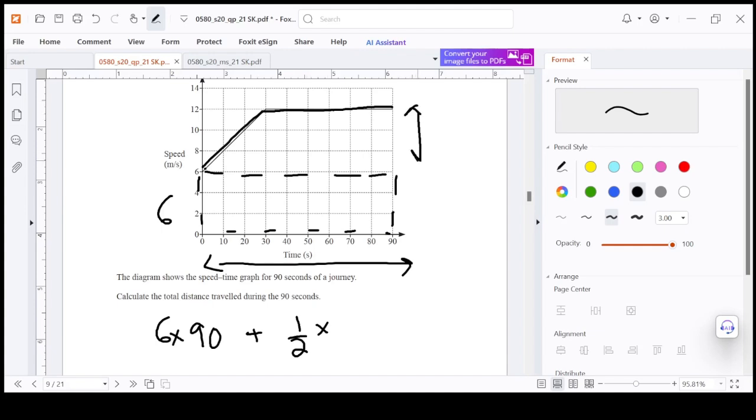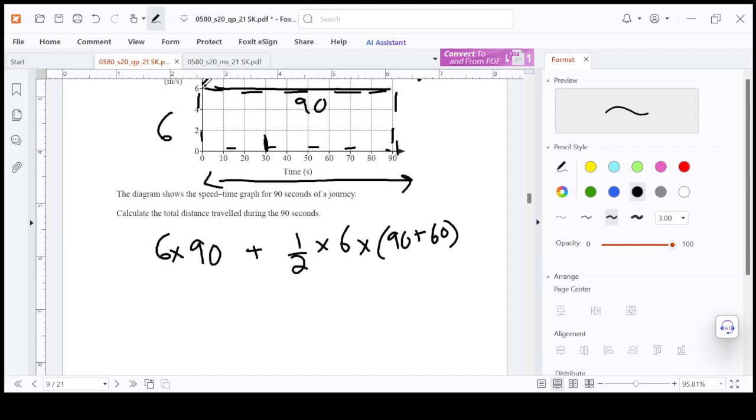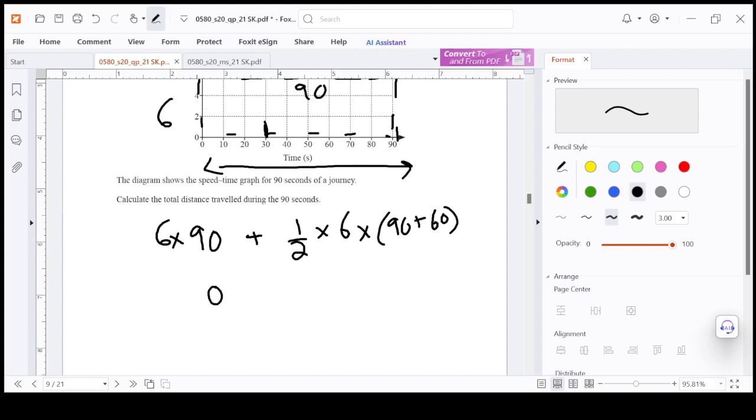How much is the height? From 6 to 12 it's 6 units, times sum of parallel sides. So this side is 90 and the other side starts from 30 and goes till 90, so that's 60. Now let's solve this. 9 times 6 is 54, so 540, plus the 2 and 6 get cancelled.